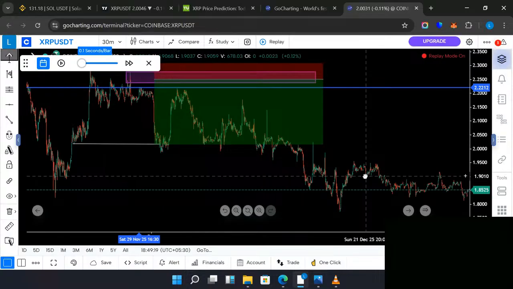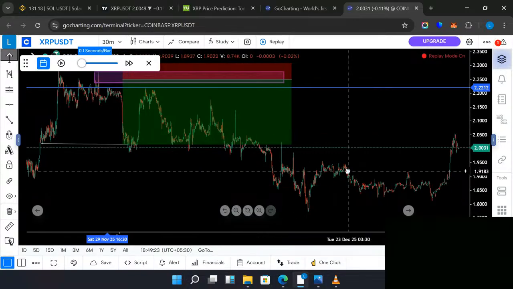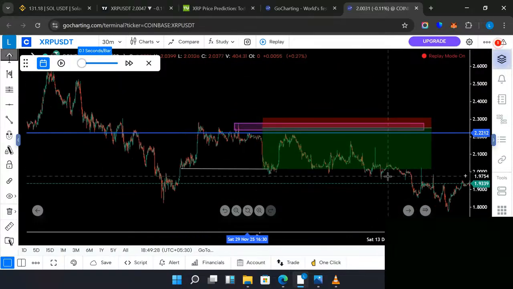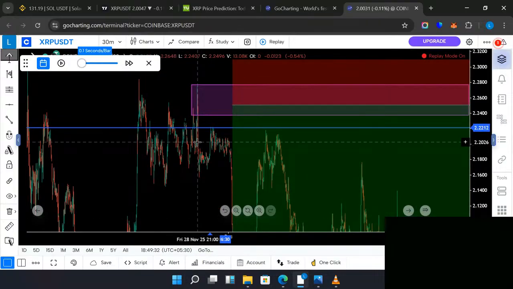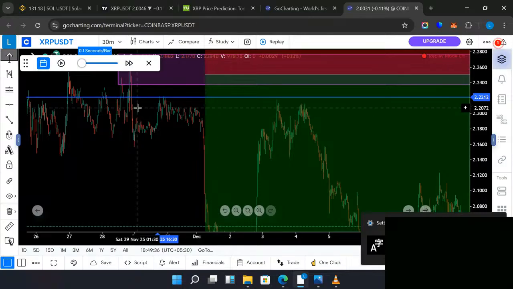Oh, price has never even come till this point. But the thing is that I'm looking over here. Where was the consolidation at? If you look, this is a consolidation zone. Definitely, this is.